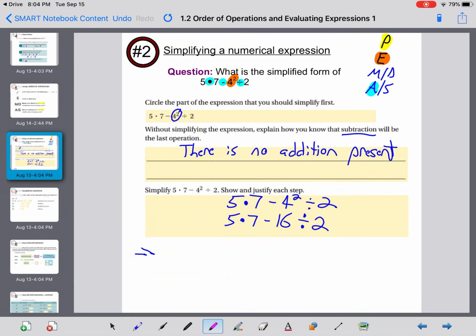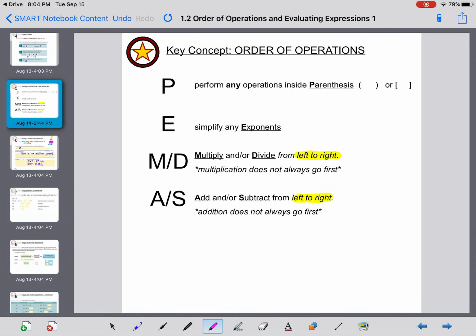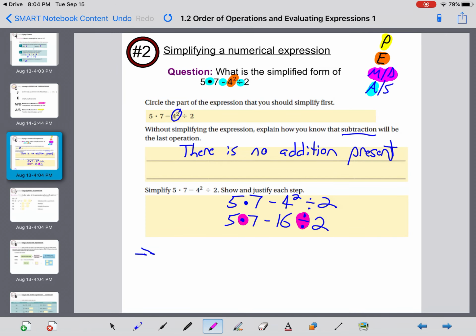Now, we're at the multiplication or division stage. I see multiplication and I see division. If you go back to your definition, we work from left to right. Multiplication is on the left, which means it would come first. 5 times 7 is 35 minus 16 divided by 2.